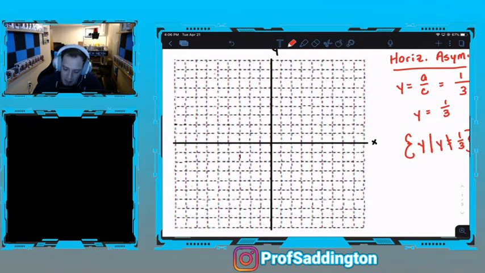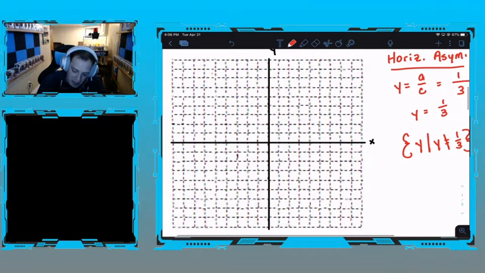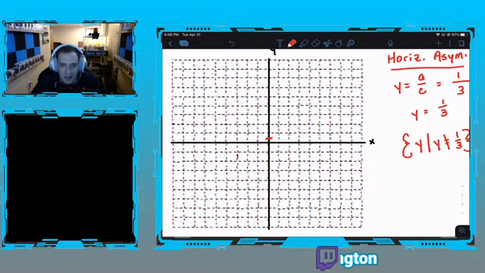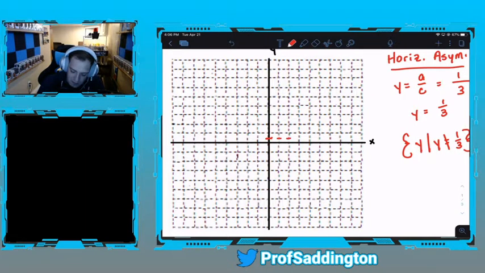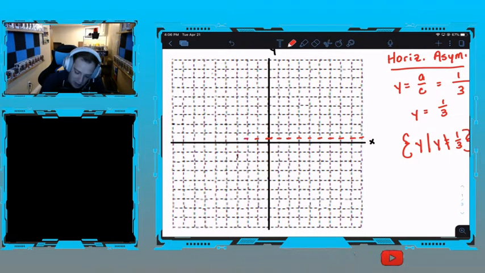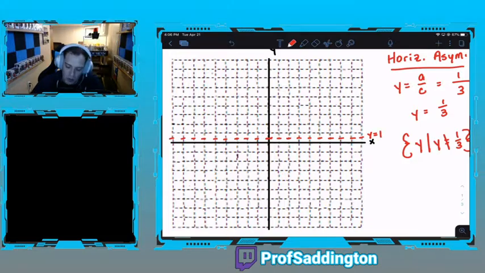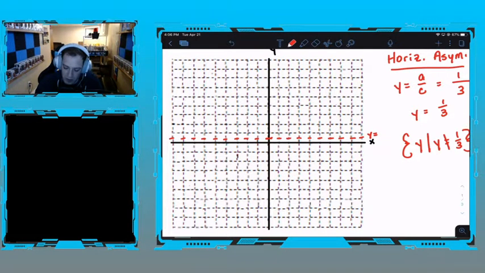But y being 1/3 is going to be right about here. It's going to be just above the x-axis, not necessarily halfway up. And I'm just going to draw a little dashed line going all the way across on both sides. So that is one asymptote. Our graph cannot cross y equals 1, I'm sorry, y equals 1/3.